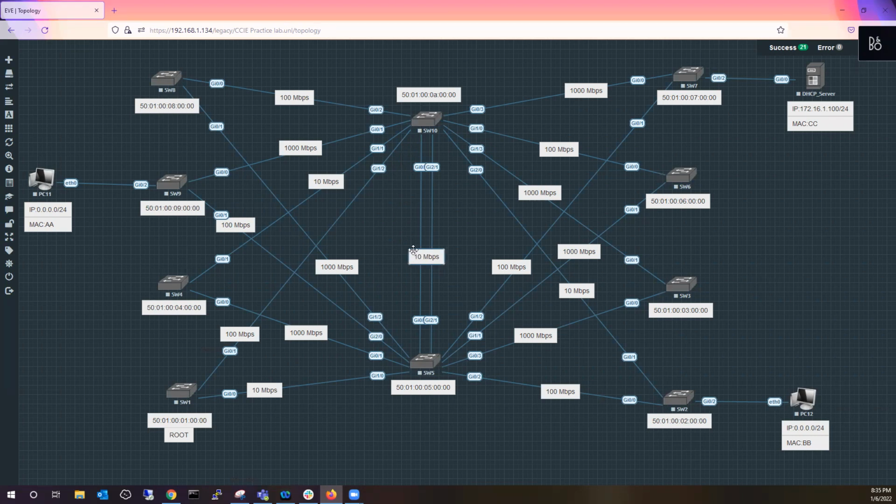With that being said, go ahead and do the math. So it has to be connected to the root bridge and each other.